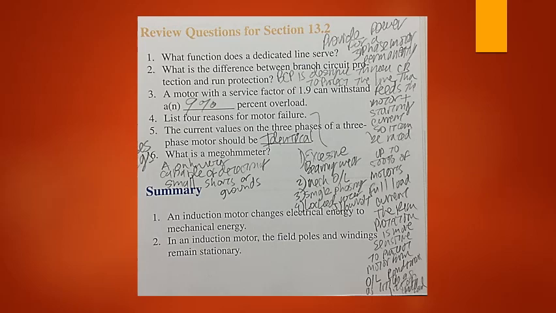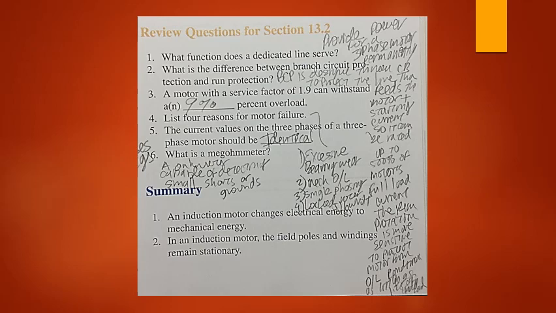Multiply that by 100. Take out the 1, which is basically 1 for 1, or the service factor of 1 of the motor. Separate the 0.9, which is basically 0.90, and that will give you, when multiplied by 100, 90%.